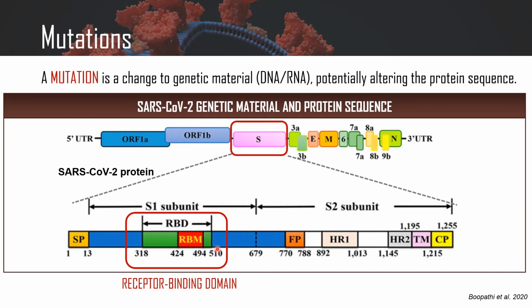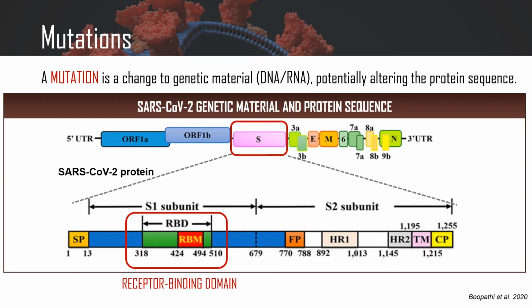The receptor binding domain is abbreviated to RBD, and RBM is the receptor binding motif here. Now, I'm just going to back up a bit. The sequence that we can see here is a polypeptide sequence, meaning that it's going to fold up into a protein, and in this case it would be folding up into the spike protein, and this is the code which would generate that polypeptide sequence.